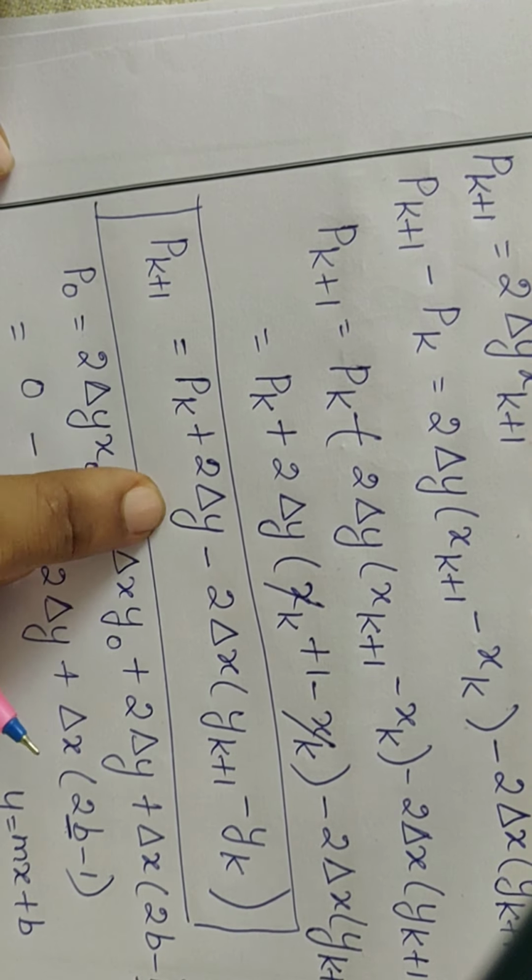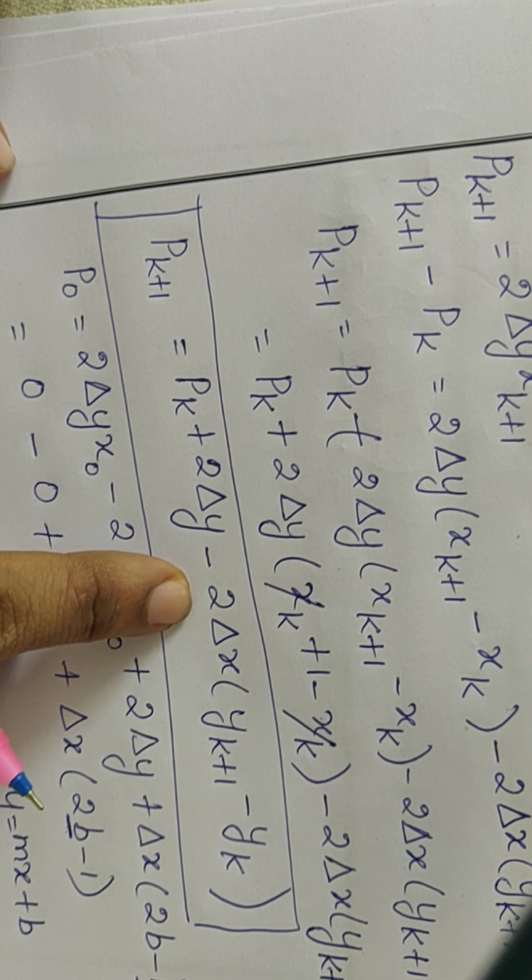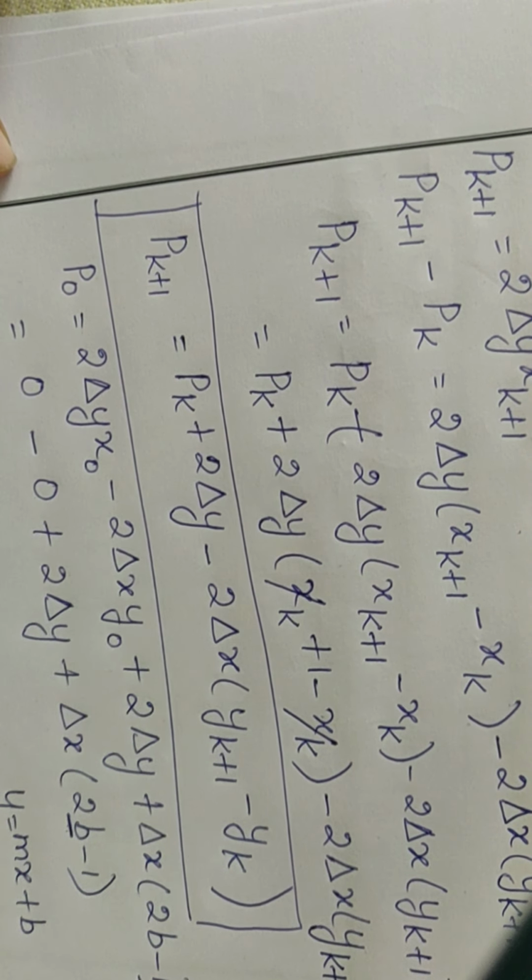The pk plus 1 equation we have here is pk plus 2 delta y minus 2 delta x (yk plus 1 minus yk).